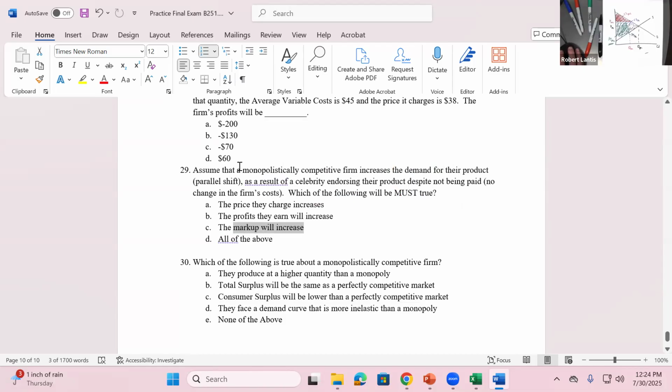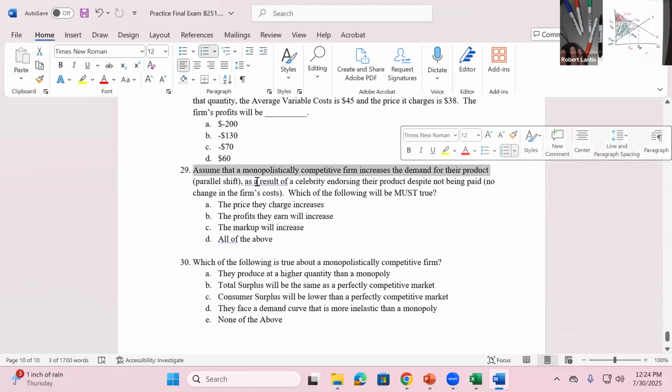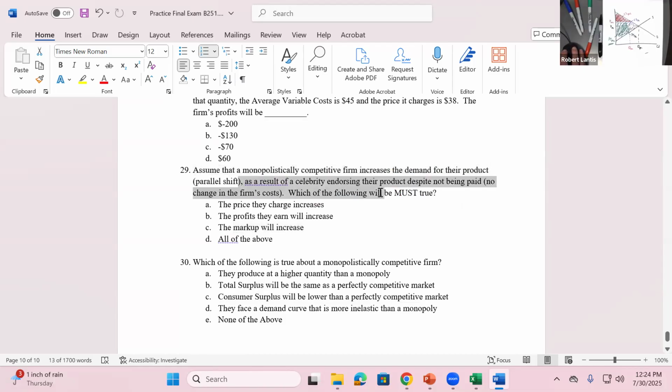So this example gives you one where you increase the demand for the product, but you didn't have to pay any money for the celebrity endorsement. So there's no change to the firm's costs. So your average total cost curve stays the same. You know that you're going to have a price, quantity, markup increase. You would also have to see that your profits are going to go up as well, because that average total cost stays the same.